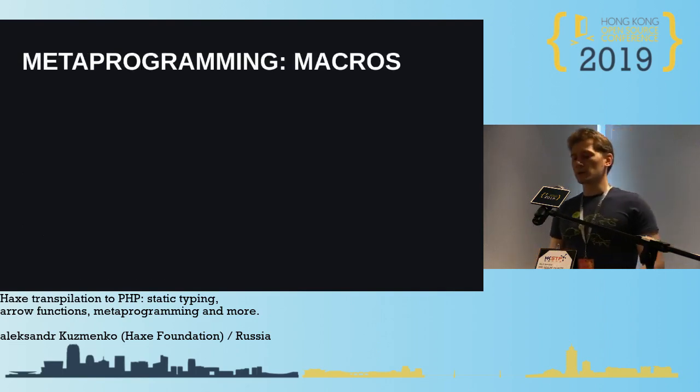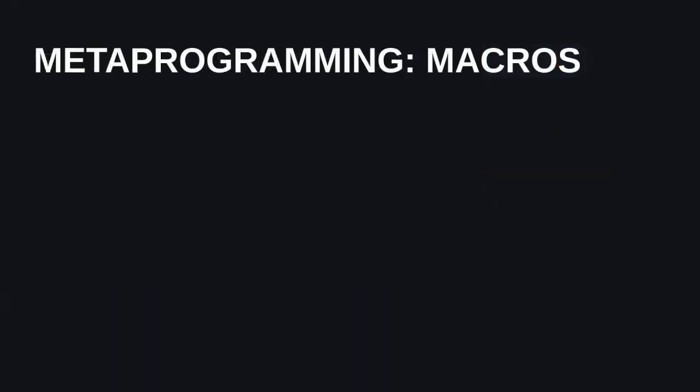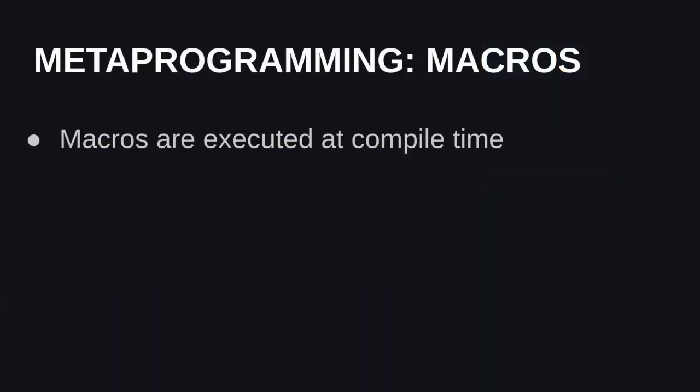Now I'd like to mention some metaprogramming power of Haxe. It's called macros. Macros are executed at compile time before running your script. So when your program is compiled, it runs a sub-program of your code, and that sub-program produces another code. So it's like a program which creates another program at compile time.